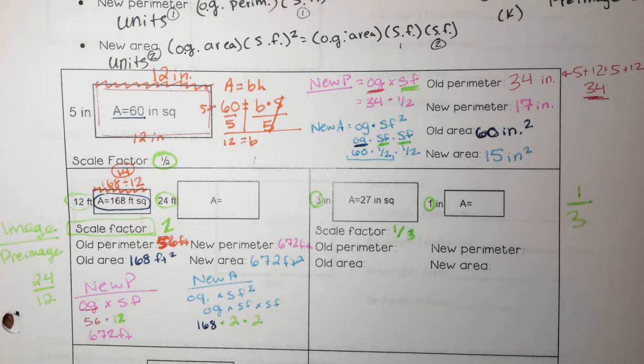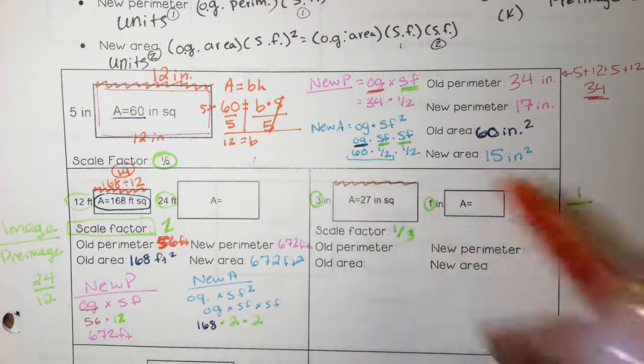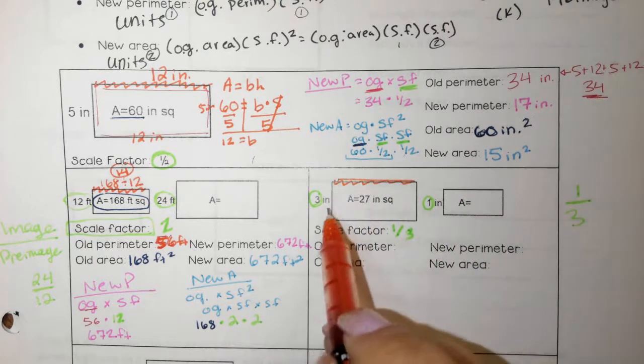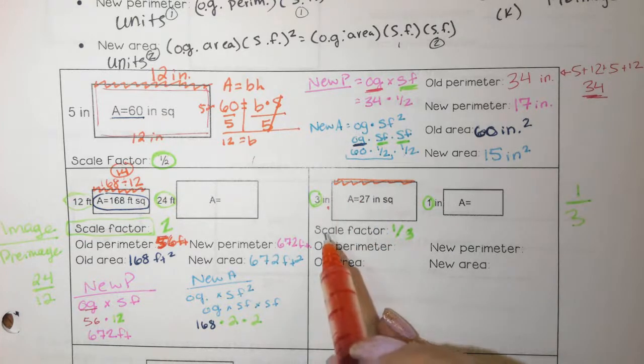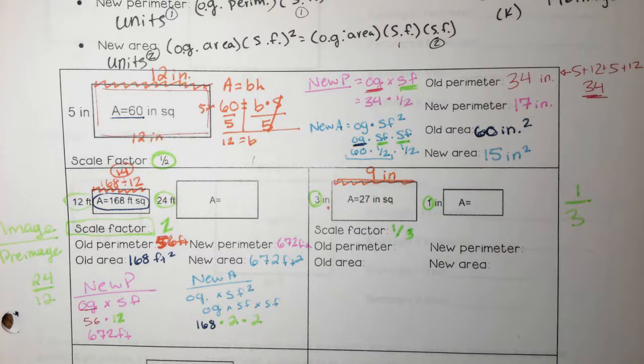To find the old perimeter, before I can get started with that, I have to know what that missing side length is, the base. So I know this side times 3 will get me the area 27. That's 9. 9 times 3 is 27. So that's 9 inches there.